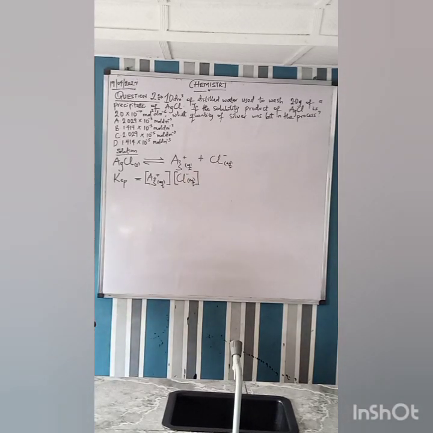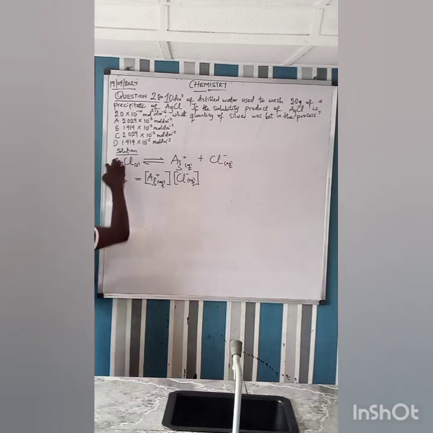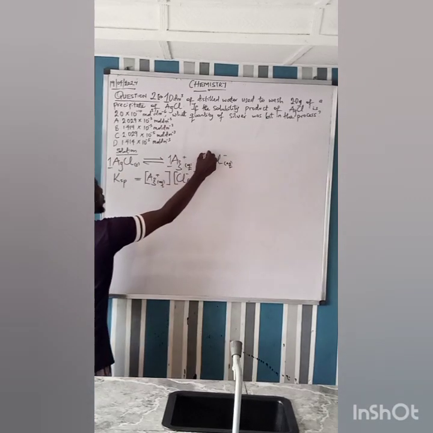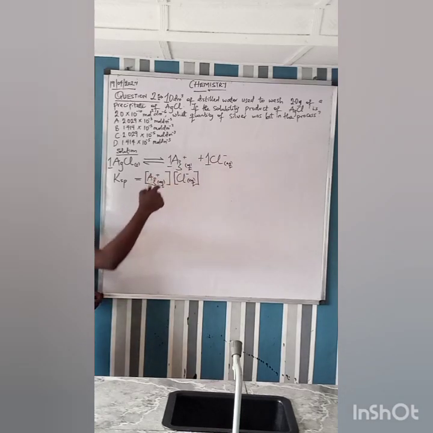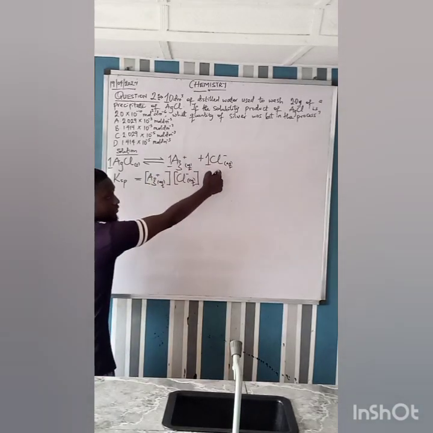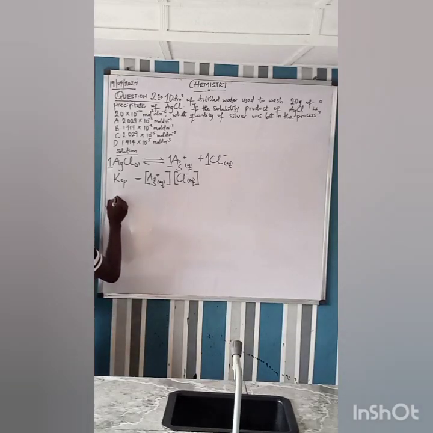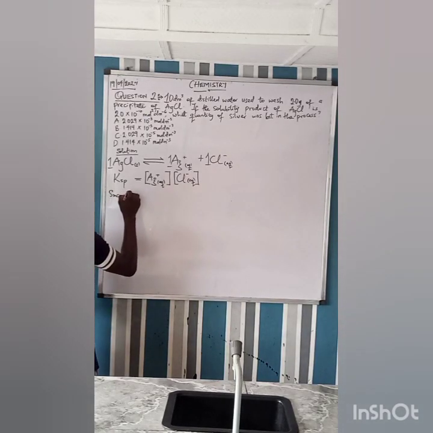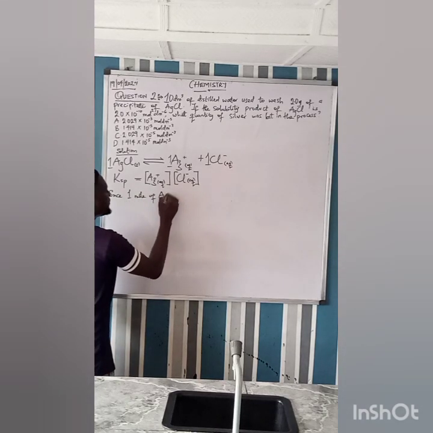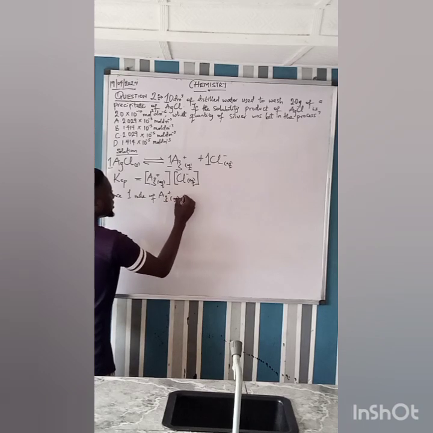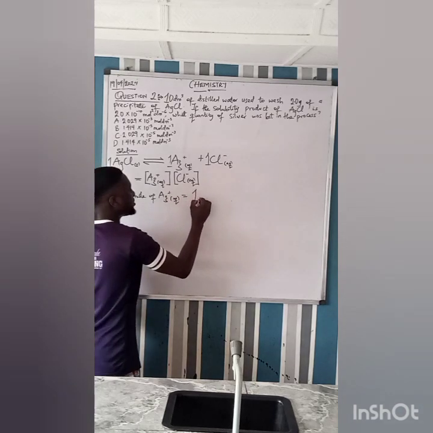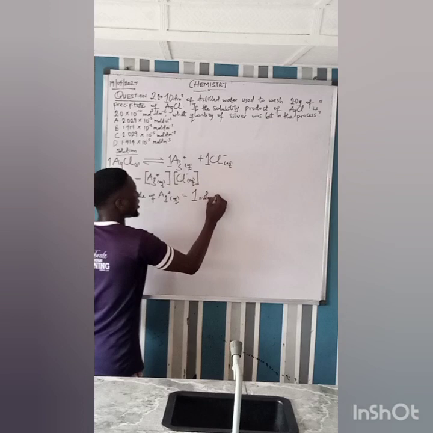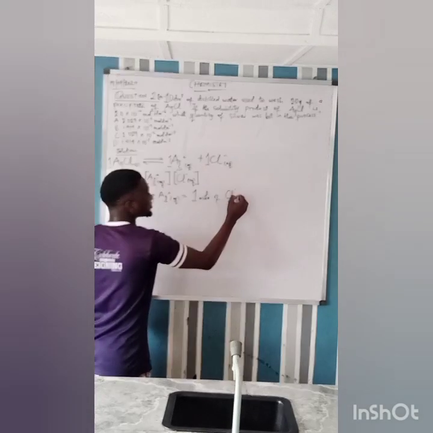So now that we've gotten that, we can also refer back to this, that this is in ratio 1 to 1 to 1. So we come back to the product side: 1 mole of silver ion is equal to 1 mole of chloride ion.